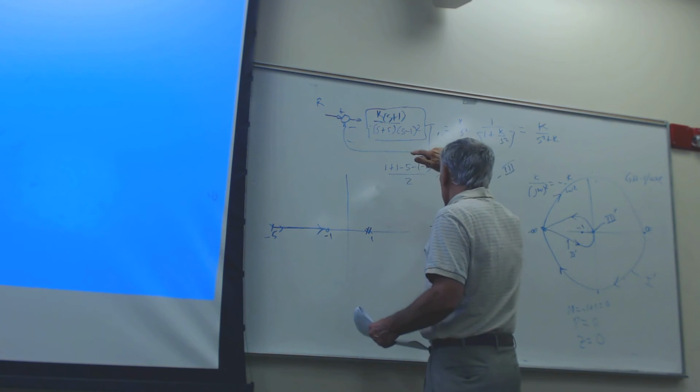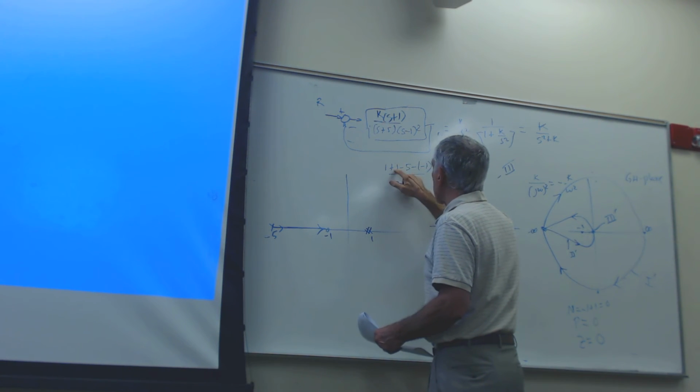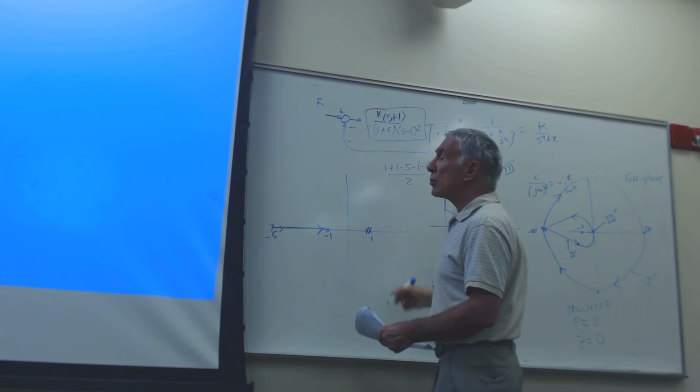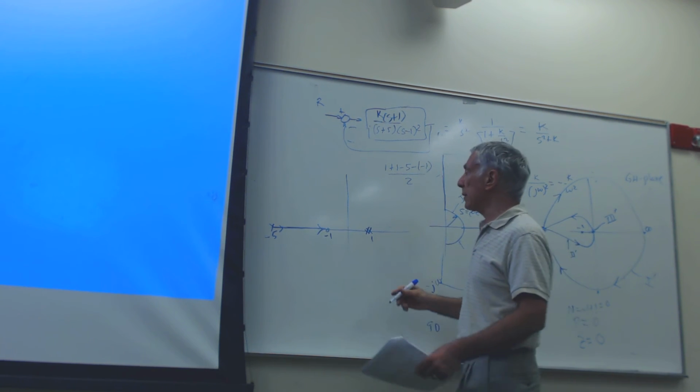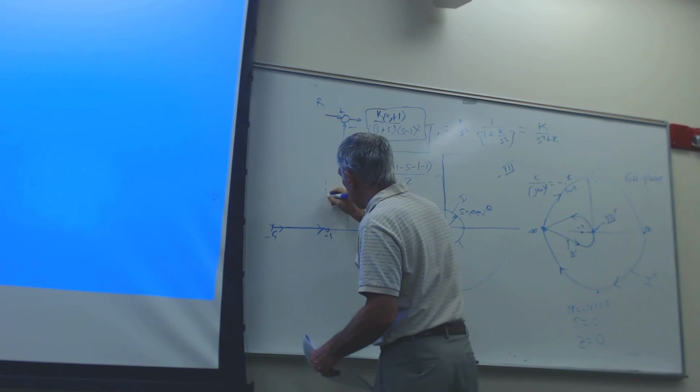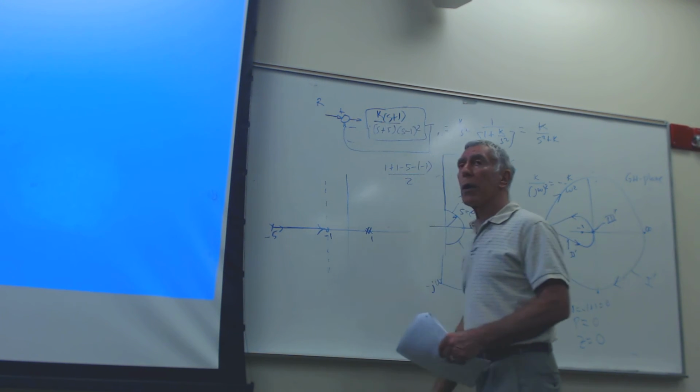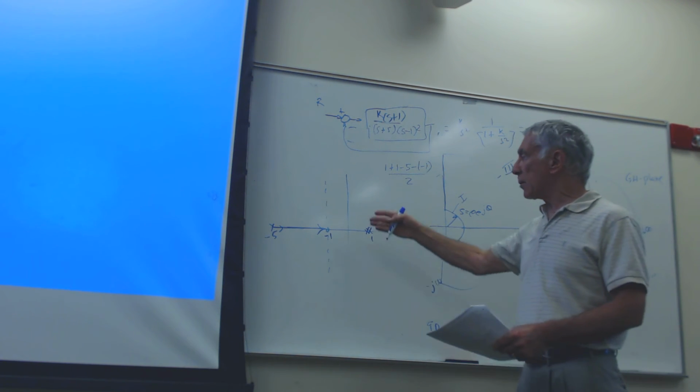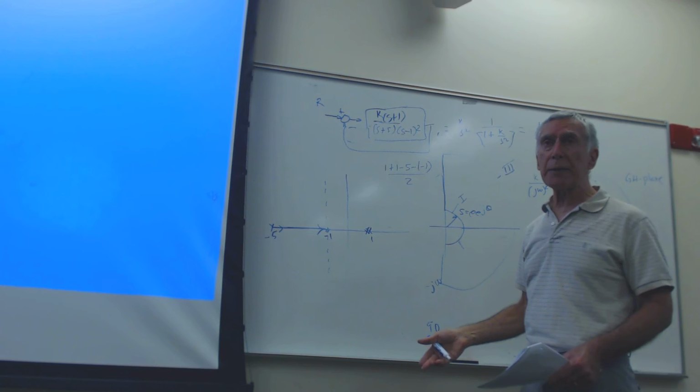So you've got, what is this? Plus 1, so it's 3 minus 5 is minus 2, over 2 is minus 1. So here is the origin of the asymptote, and the angles are plus and minus 90 degrees.